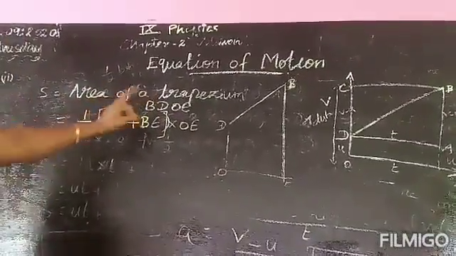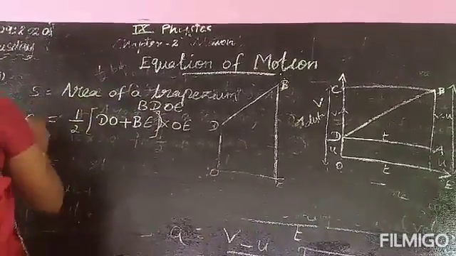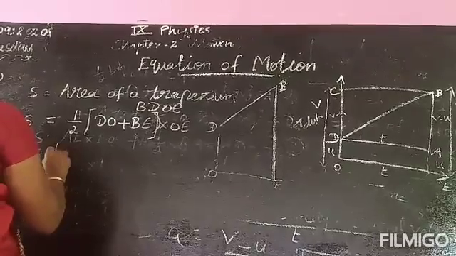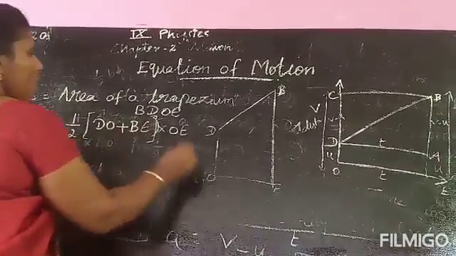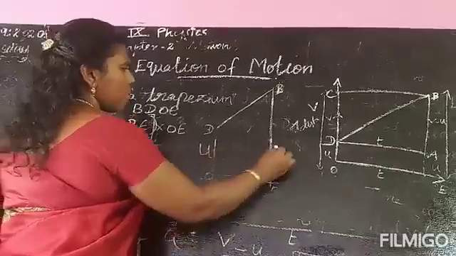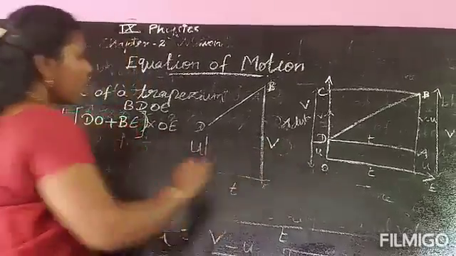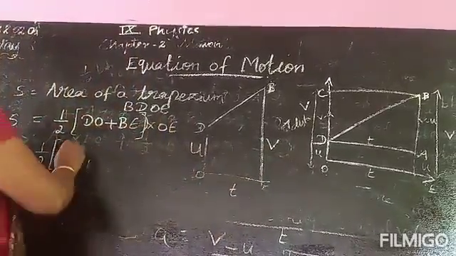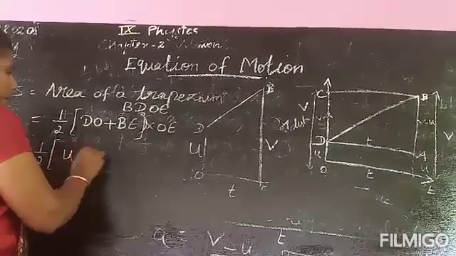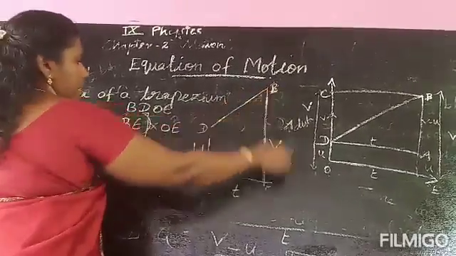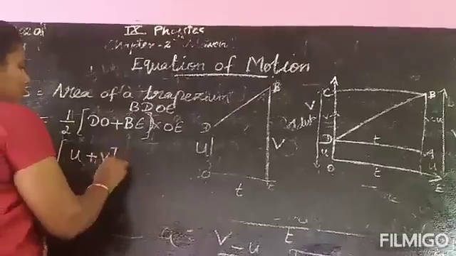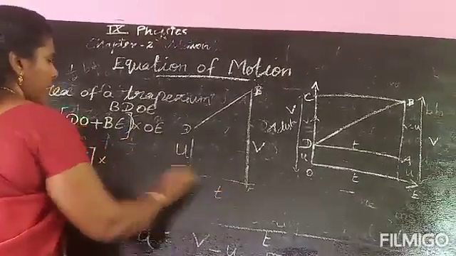That's the area of a trapezium. Now here S equal to half into, what's the value of DO? OD is U, plus, what's the value of DE? V, into, what's the value of OE? T.